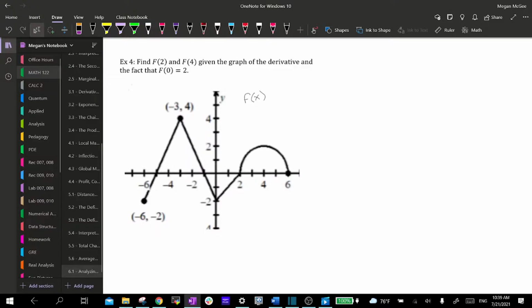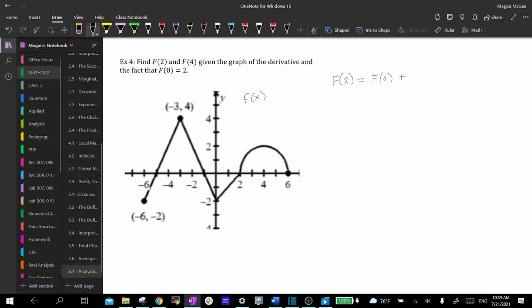We know that in order to find a next point, we have to take the previous point and then add up the total amount of change that happened since then, right? So numerically, we have f of 2 is what we're trying to find. And we know that we need to start at f of 0 because that's what we were given.